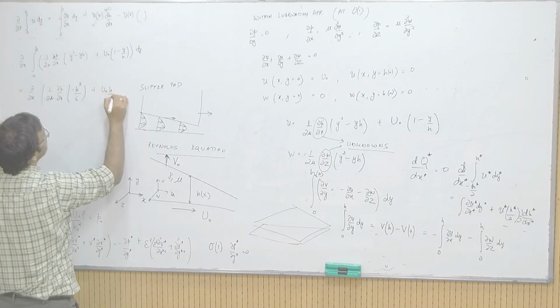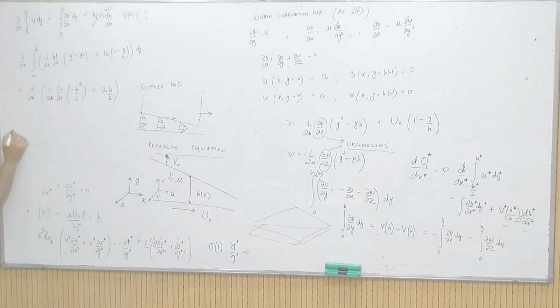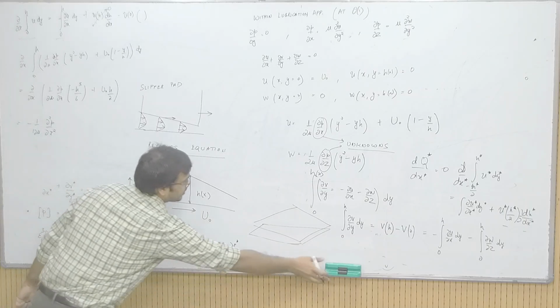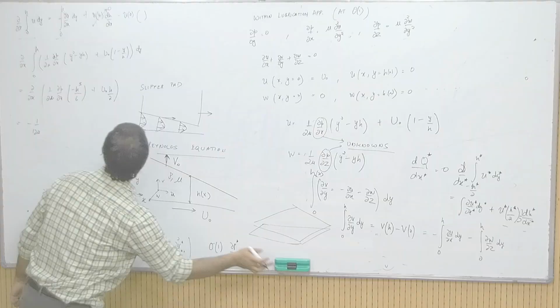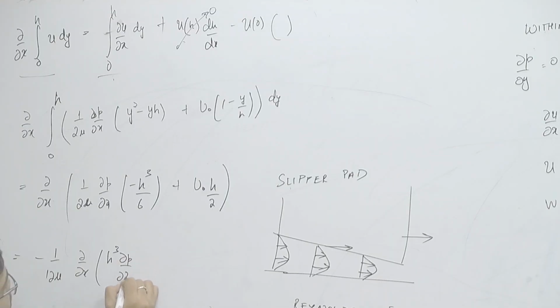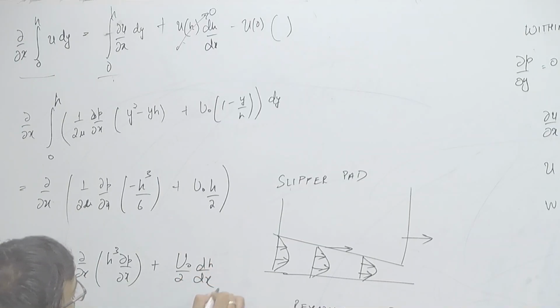So, u naught h by 2, which is basically minus 1 by 12 mu del by del x of h cube del p by del x plus u naught by 2 dh over dx. Okay. This is what we get for this term del u by del x dy.